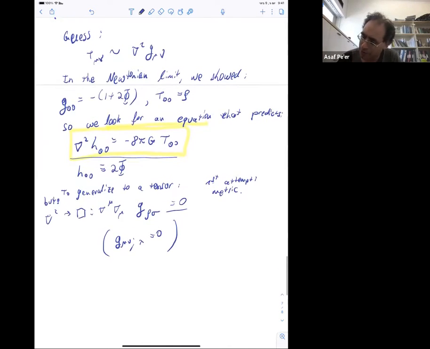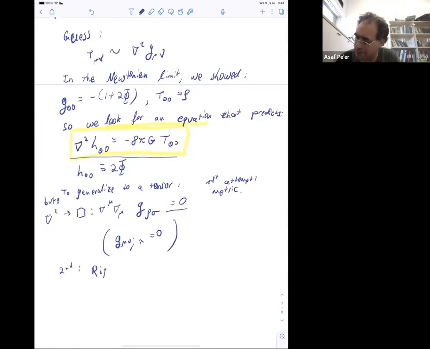So the second attempt would be to put the Riemann on the left-hand side. That's not going to work because the number of indices is wrong.